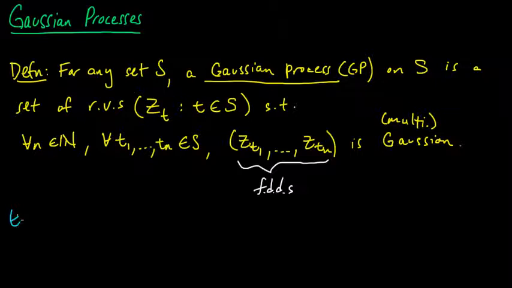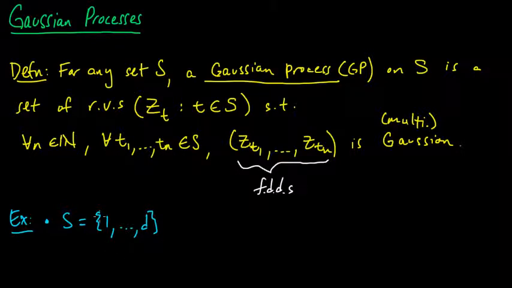So let's first look at a couple of very simple examples. The first example is actually a trivial example, but it's to make this seem a little less mysterious to you.